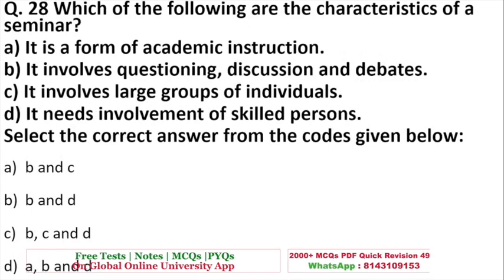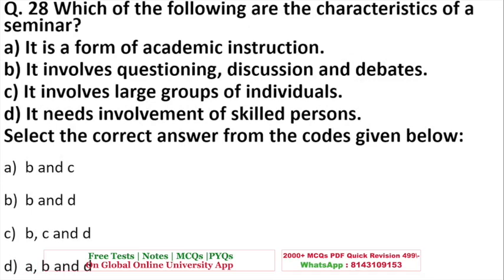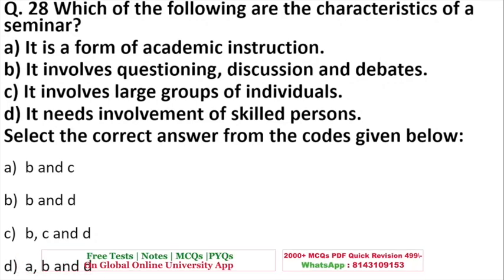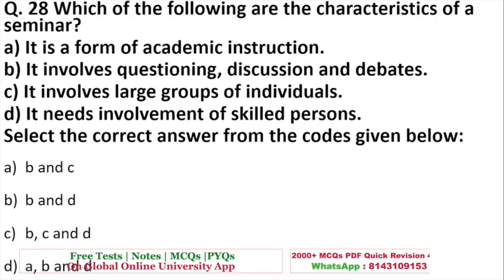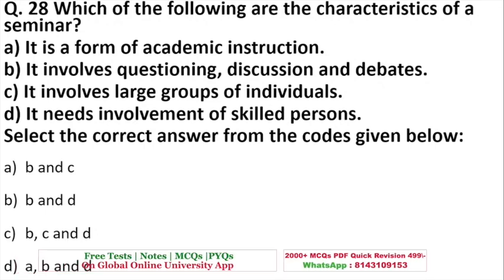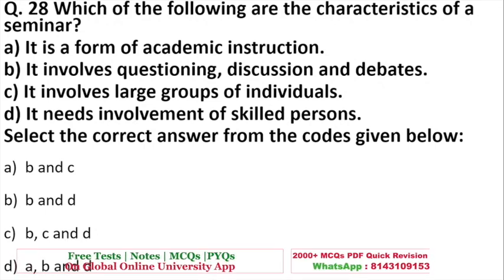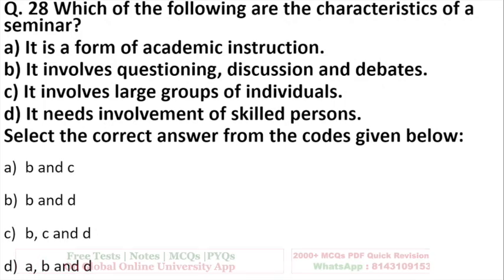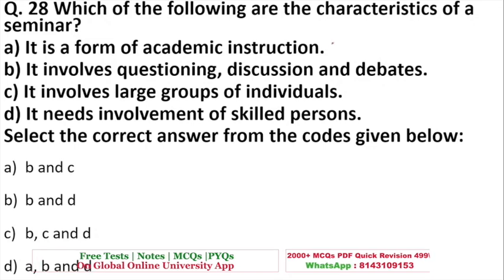Which of the following are the characteristics of a seminar? So a seminar is a place where academicians sit together, they talk about a particular topic, they discuss it. What are the characteristics or features, you could say, of a seminar? So a seminar is a form of academic instruction.